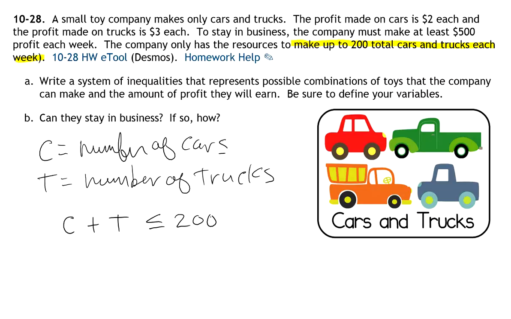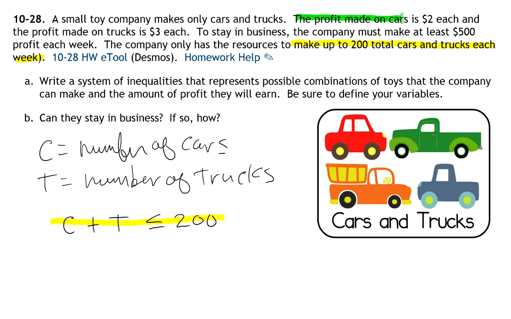The other inequality that we have at play, and by the way, it might be nice to color code that so we can see it's related to the thing that I've highlighted in yellow. The other inequality at play here is involving the profit from the cars. It says the profit made on cars is $2 each, and the profit made on trucks is $3 each.